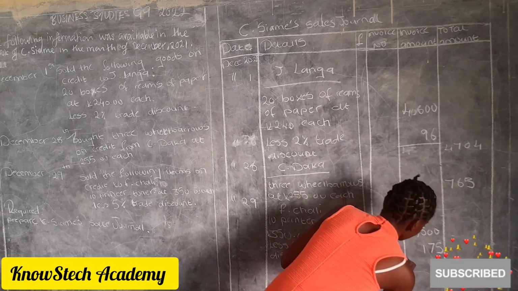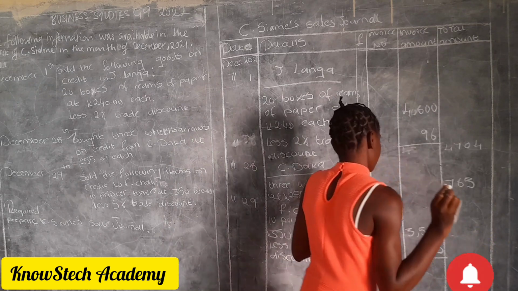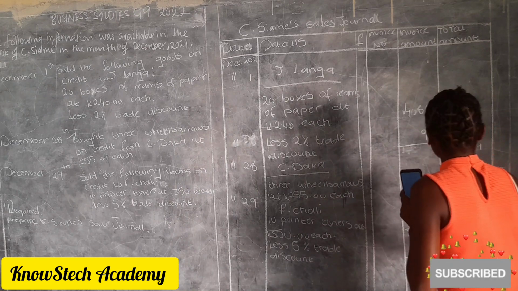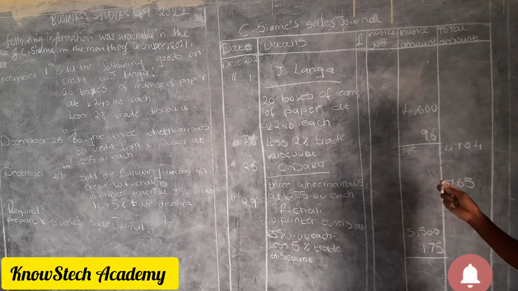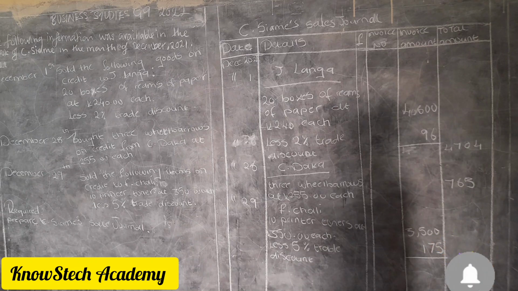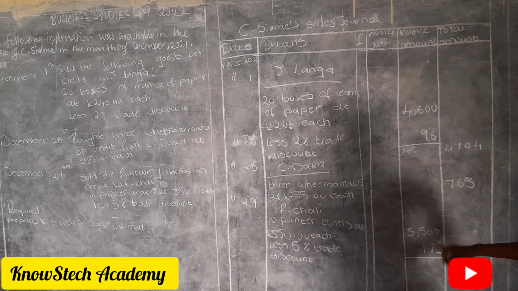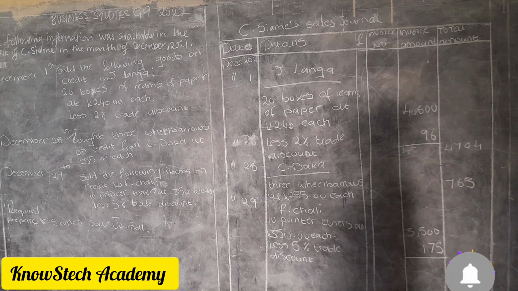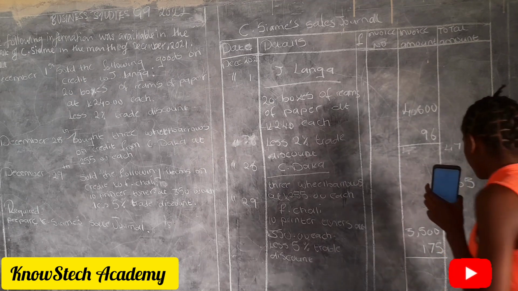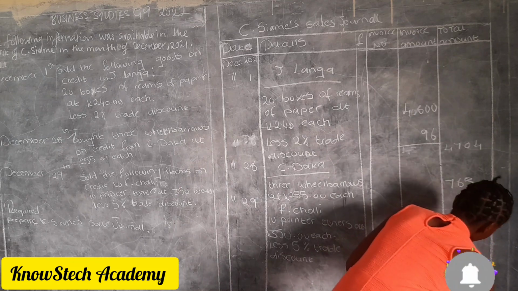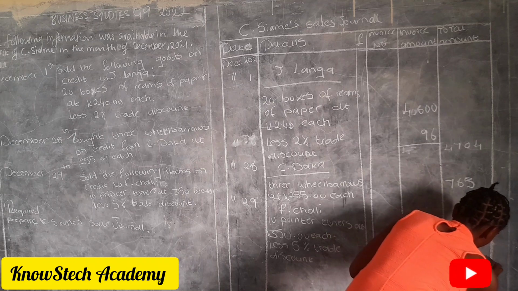So here we're going to subtract to find our total amount. We have to subtract 3,500 minus 175. So it's 3,325.